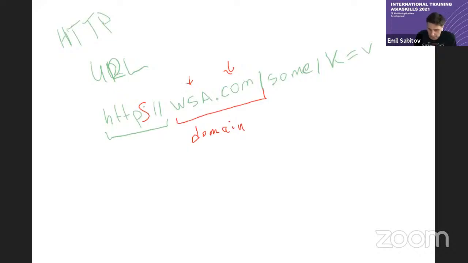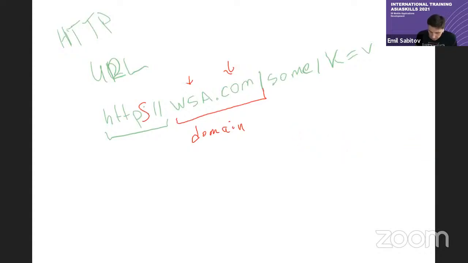So we can see a link like test.some.wsa.com and so on. So we can have many subdomains in our URL.